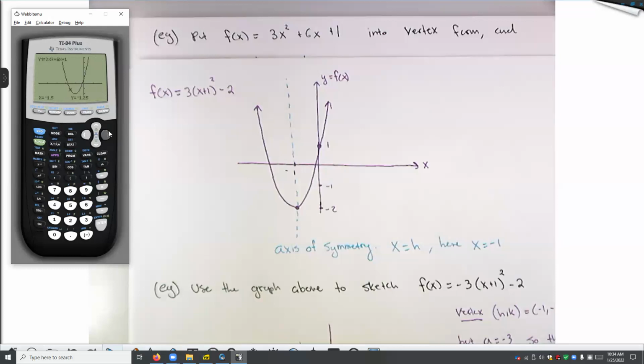If we wanted to approximate some points, we can use the trace function. That'll walk us around on the graph and give us an idea for where things are. Like here, we can see the y-intercept: when x is -0.1, which is very close to 0, y is like 0.9, which is very close to 1. It doesn't give us the exact value. The vertex, you can see down here. Again, the trace function is not going to give us exact values, but when x is very close to -1, y is very close to -2. And the parabola looks how we'd expect.